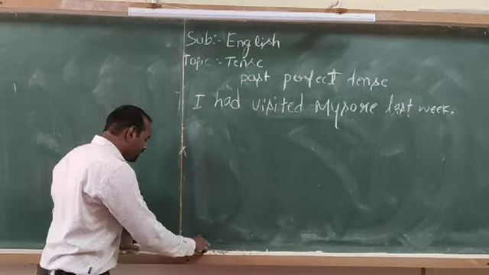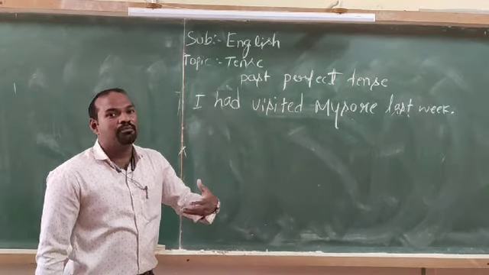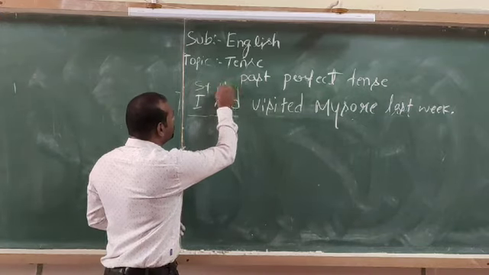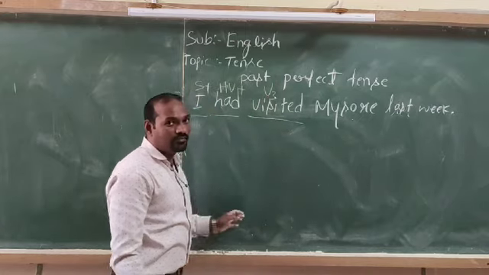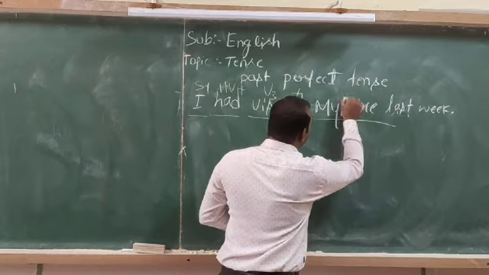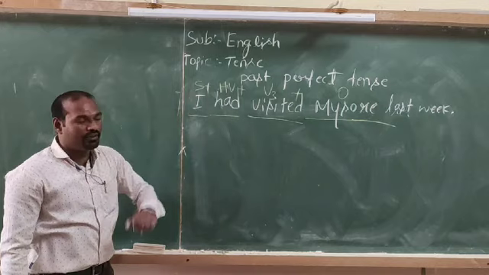Look here. Past perfect tense. Here I stands for subject, had stands for helping verb, visited stands for verb in the third form, also called the past participle form, and Mysore last week stands for object. This is called an affirmative sentence in past perfect tense.